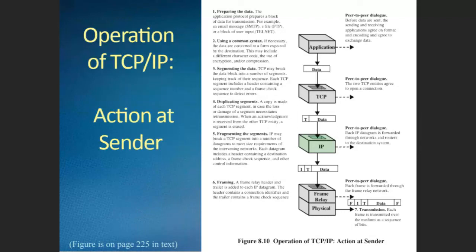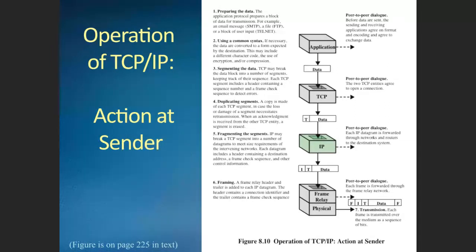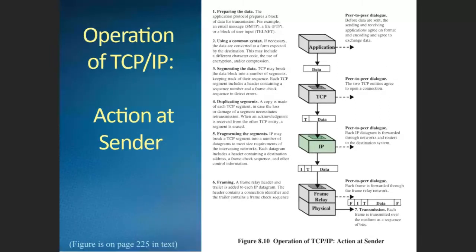If you are using HTTP, the TCP will say, okay, you are using HTTP. It will assign a port for you. What is the common port for HTTP? 80. So you have a process, the HTTP browser, and the port for you is 80. These two things together are called a socket.